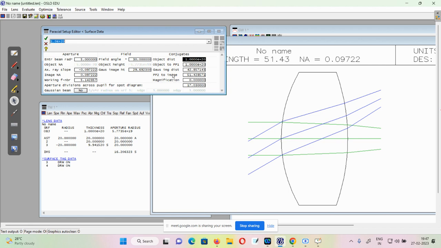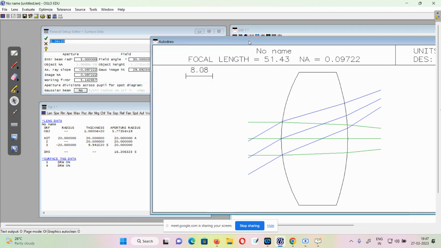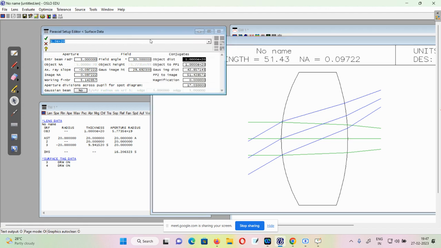Now you see PP2 to image is 51.42. Yes, sir. That is much nearer to your effective focal length. Till then there will be some difference. So that's the PP2 to image distance; from there you have to subtract this 42.85. If you subtract it, you will get that one.